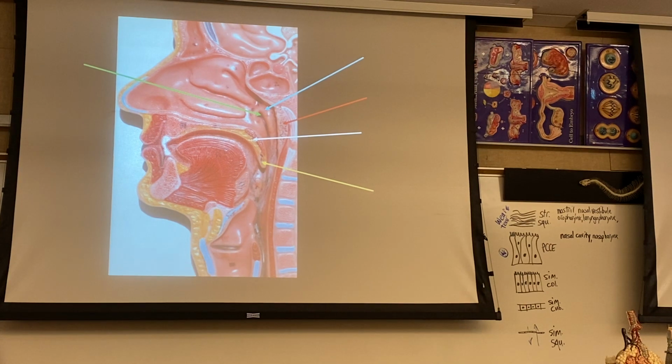It dangles from the midline of the soft palate, and you need that to seal off the nasopharynx when you swallow. If you don't have that, you can't seal it off, and when you swallow, things are going to go up into your nose. Makes sense. Everybody got these?